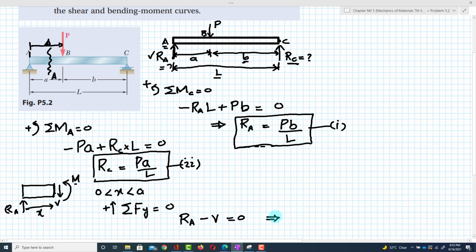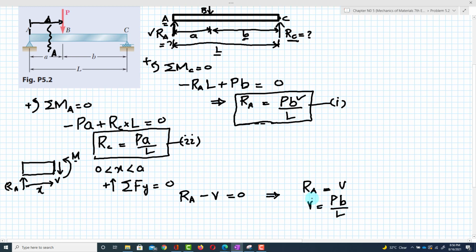So RA will be equal to V, the shear force, and as you can see, RA is equal to PB over L. This is the magnitude of shear force that will act for x greater than 0 and less than A.